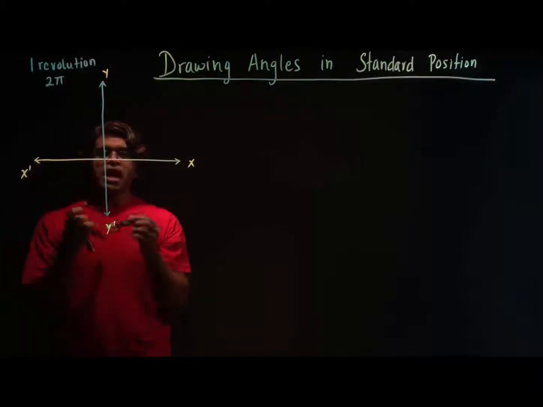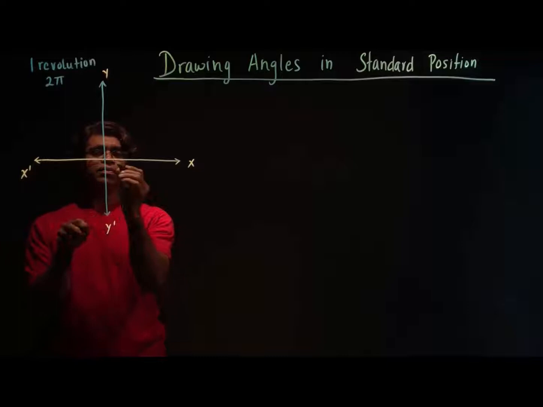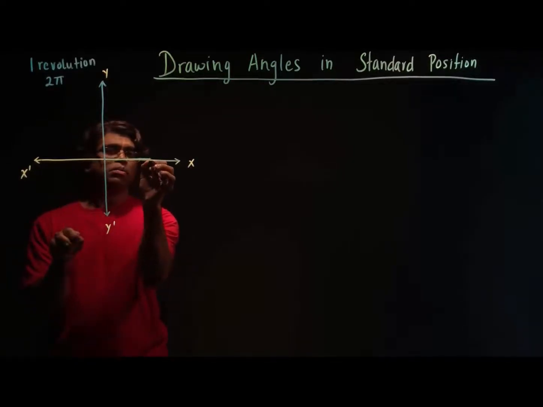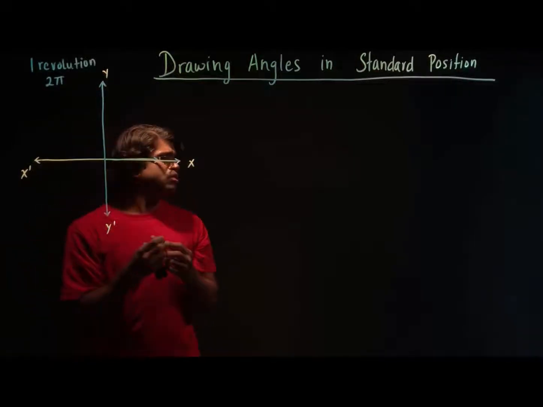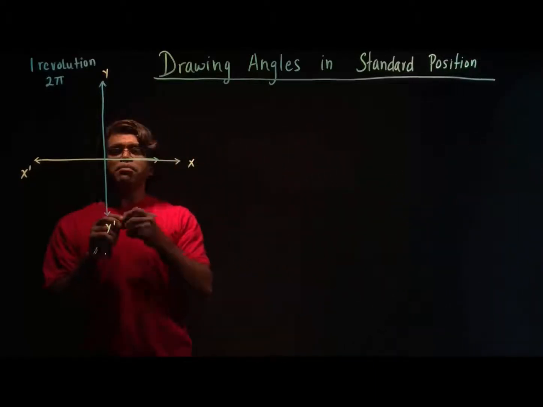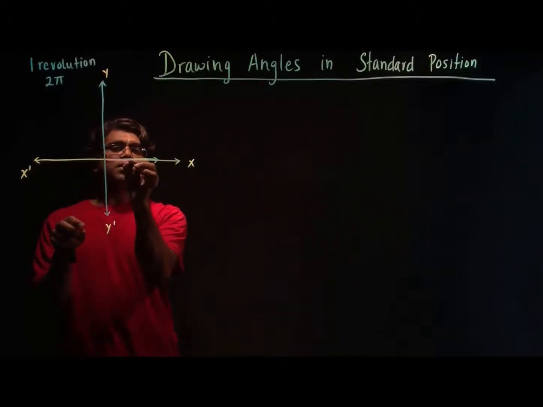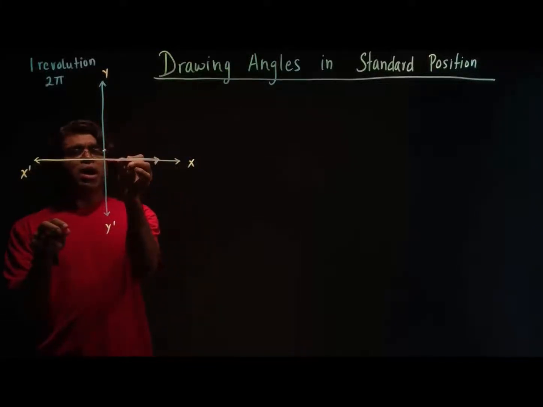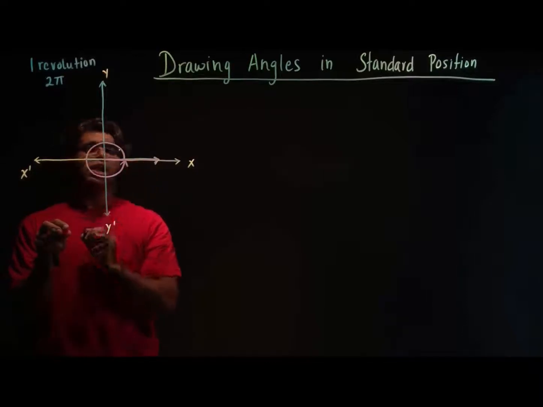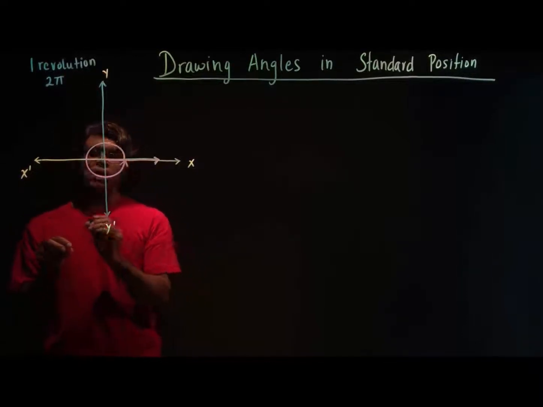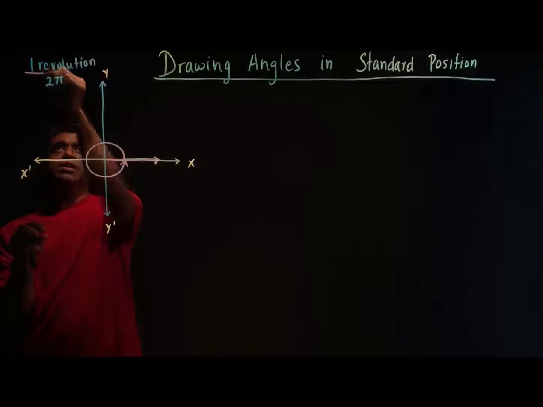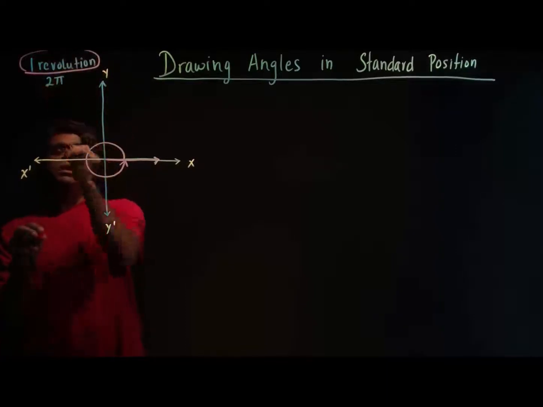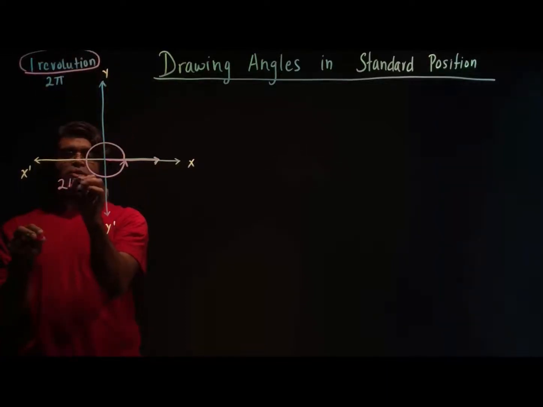So my starting point is this line. Let me use a different color. Then I will go around the circle in a counterclockwise direction, and this is my one revolution, and the total angle is 2 pi.